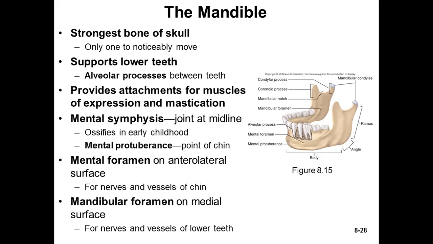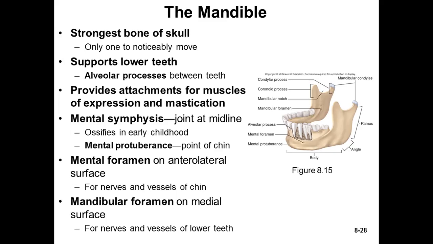And of course, the mandibular foramen is the point where dentists inject the lidocaine. So, mandibular foramen: the nerves and blood vessels that supply the lower teeth enter this foramen and then travel through the bone of the mandibular body, giving off branches to each tooth.